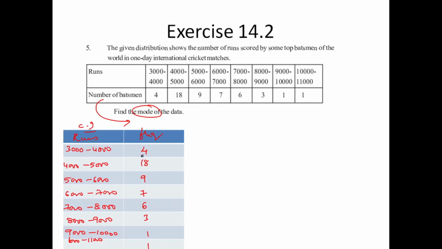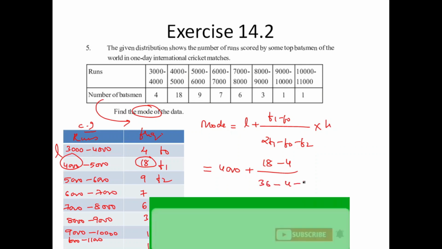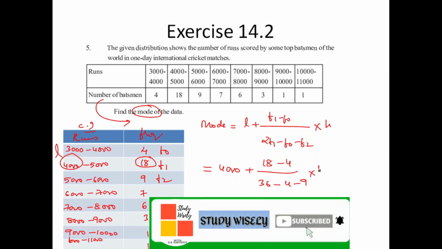So if you look at these frequencies over here, the highest frequency, that is your F1, and this is your value of L. So the mode of the given data, as you all know, and that is substituting the formula here. That is L plus, let me write the formula, F1. Okay. So here L value came out to be 4,000 plus F1 is your 8, minus your 4, by 2 times of F1, 6 minus F naught is 4 minus 9, into your H value comes out to be 1000.